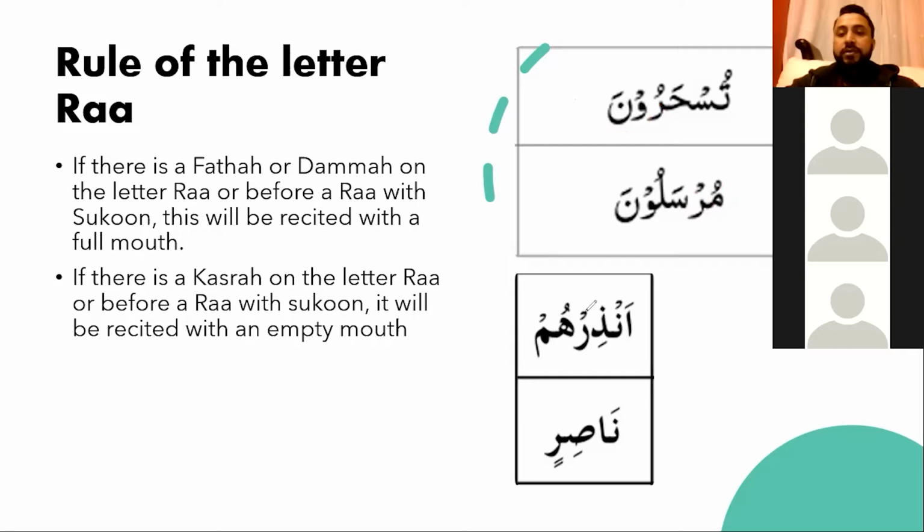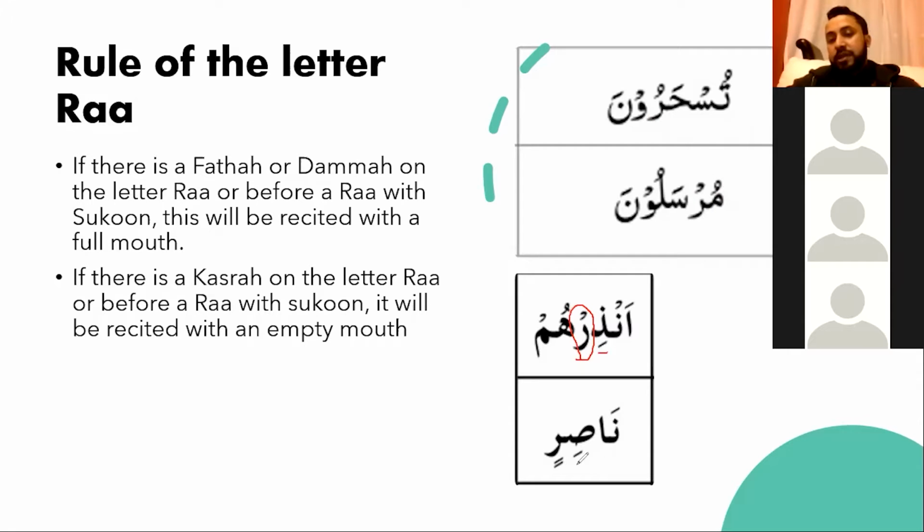Okay, now when we're looking at the letter Ra, if the letter Ra has a kasra, or comes before a Ra sukun, it will be recited with an empty mouth. For example, look at the Ra sukun here, and then a kasra has turned up here.